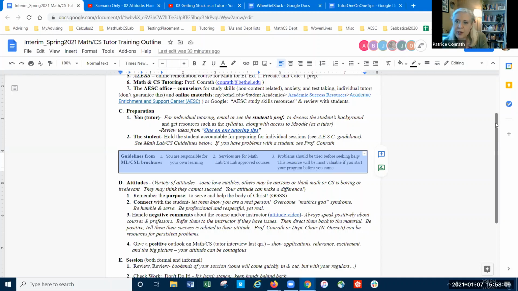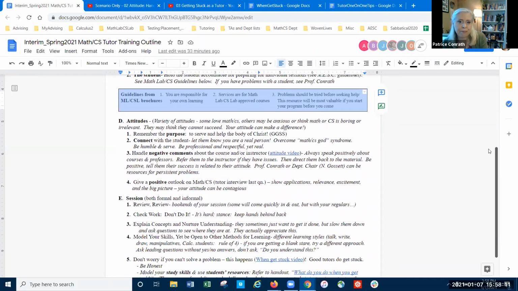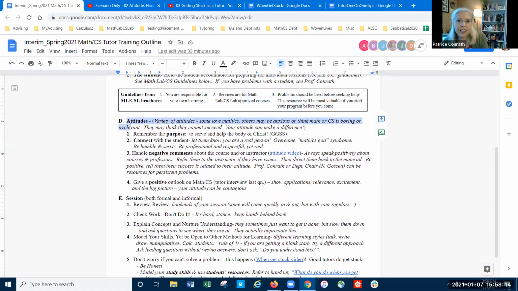Okay, next one's attitudes. So attitudes are important. Students are going to come to us with a variety of attitudes. You know that just from being in math and CS classes, by looking around at some of your peers, especially in some of the introductory classes.